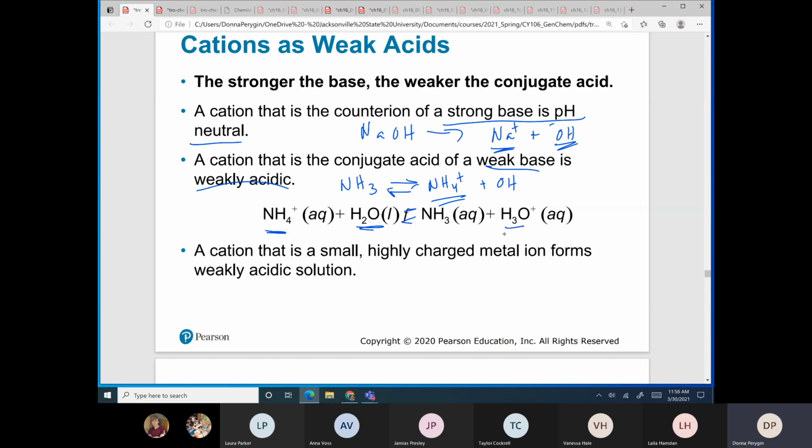We're increasing the H3O plus concentration in solution. If you put a salt like ammonium chloride in solution, that solution is going to be weakly acidic because the ammonium is the conjugate acid of a weak base.